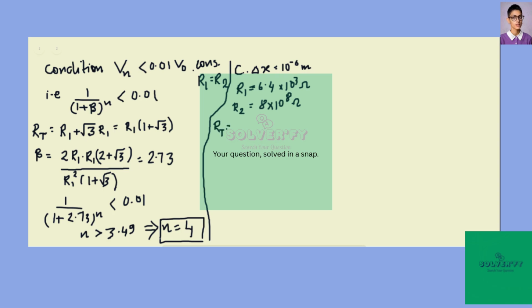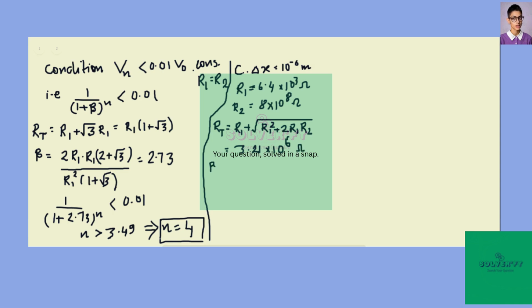So using the formula, RT equals R1 plus root under R1 square plus 2 R1 R2. This gives me RT equals 3.21 into 10 to the power 6 ohm. Okay.